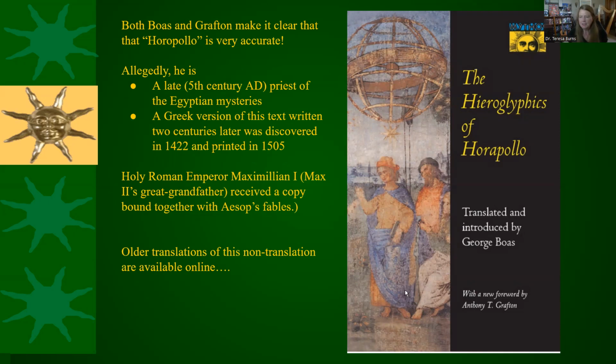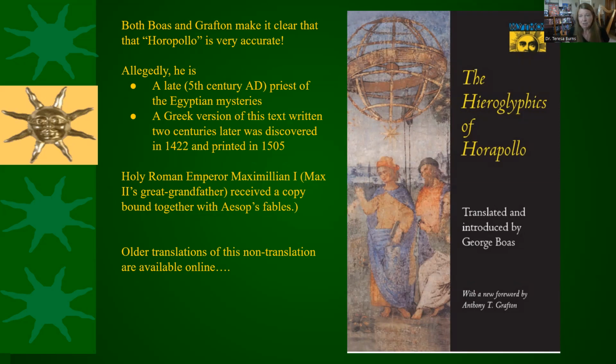And both the translator, George Boas, and Anthony Grafton, who writes the foreword, go out of their way to say, what Horapollo says the hieroglyphs mean isn't what they mean. And that's real interesting because allegedly Horapollo is a late priest of the Egyptian mysteries.